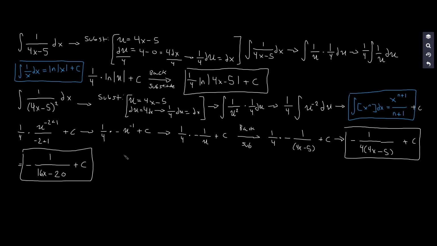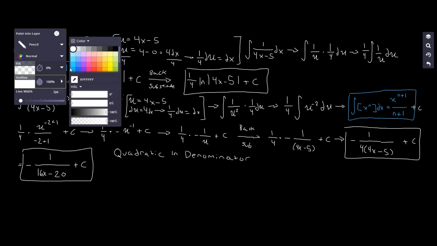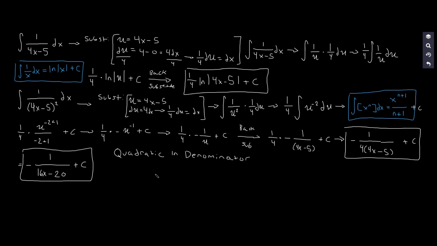If we have a quadratic in the denominator, that's going to be like the indefinite integral of capital A times x plus b over lowercase a times x raised to the second power plus lowercase b times x plus c, integration with respect to x.